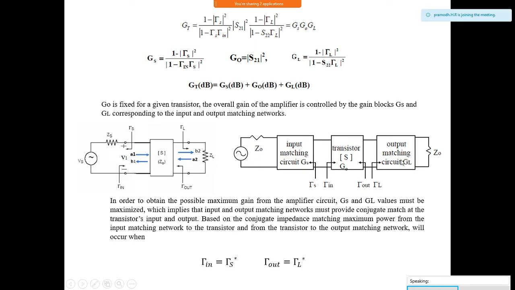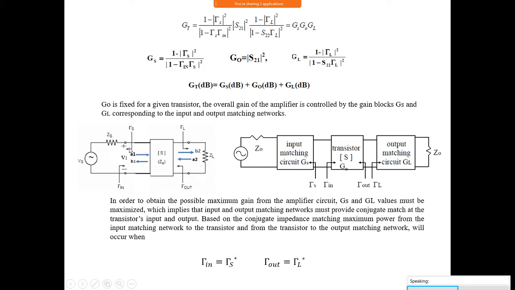This is a matching network next to the ZL, and after this ZS we should introduce an input matching network and an output matching network. See now, this is 50 ohm here. It may be fixed, it may not be changed. For example, this is also not changed, but to get a value of GS other than 0 dB, you should take a different value of ZS, the input impedance looking in this direction.